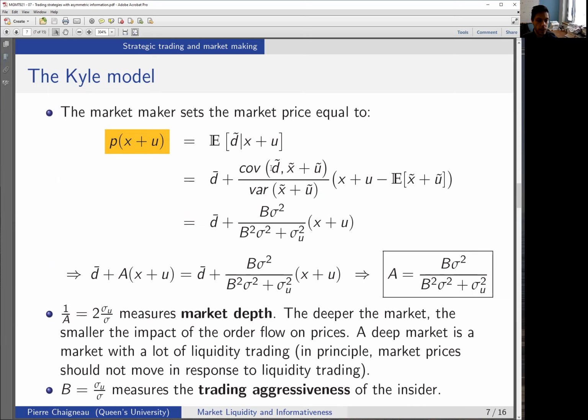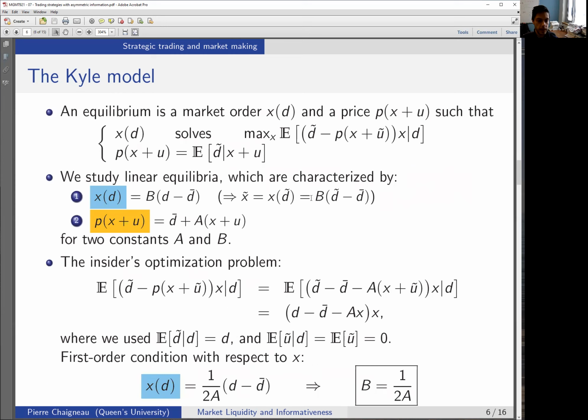And so we're going to get the covariance between D tilde and capital B times D tilde. But that's just B times the covariance between D tilde and D tilde, which is the variance of D tilde, which is sigma square. Simply because here X tilde can be replaced by that term.